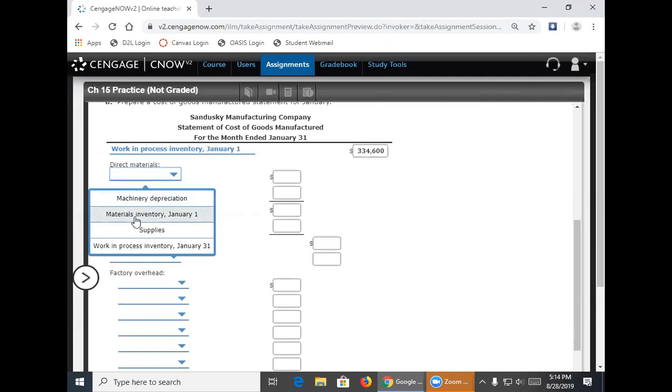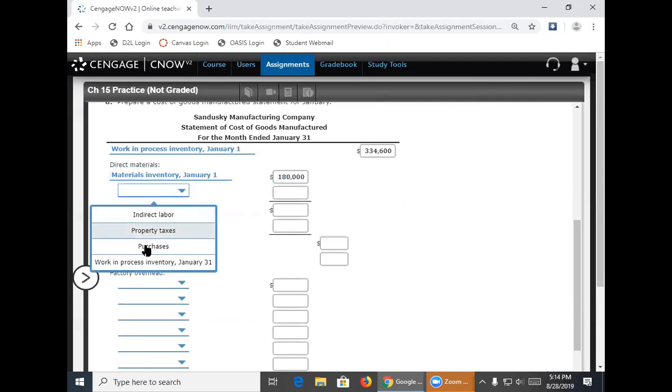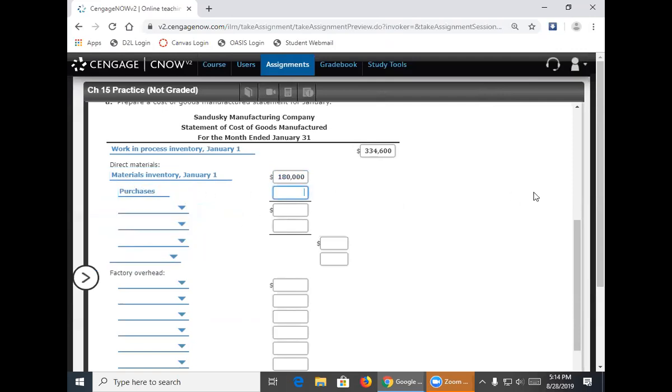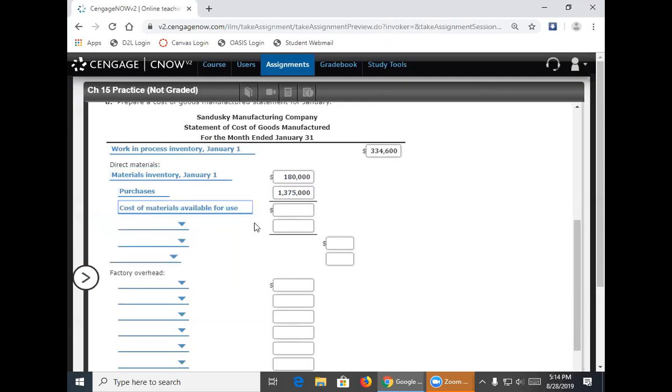So when we're putting it in here, materials, we start with materials inventory, the 180,000. We add in our purchases, 1,375,000. That gives us the cost of materials available for use. Cost of materials available for use. So that's the 1,555,000.